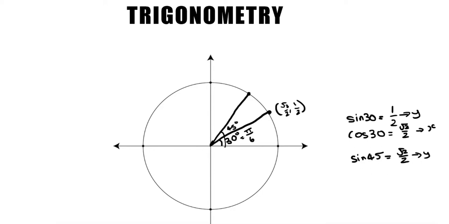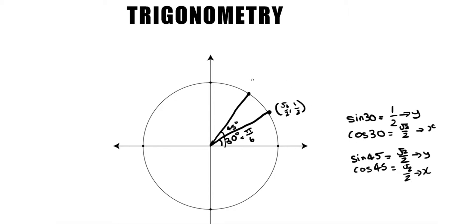This is just memorized stuff, so I just know this out of the back of my head. If you want a recap on how we actually derive this stuff, I've done a video on that, so you can check that out. And the cosine of 45 is again the same thing, √2/2, which is going to be the x.